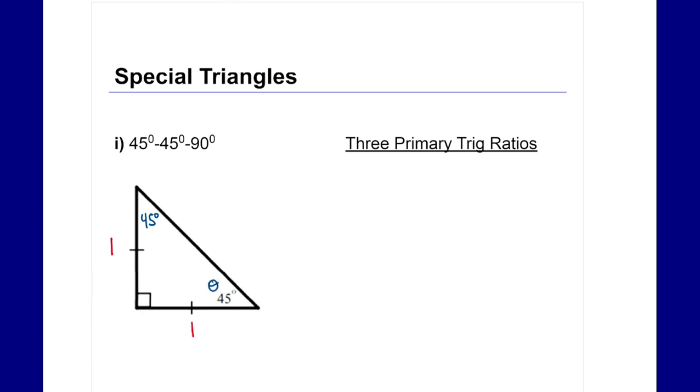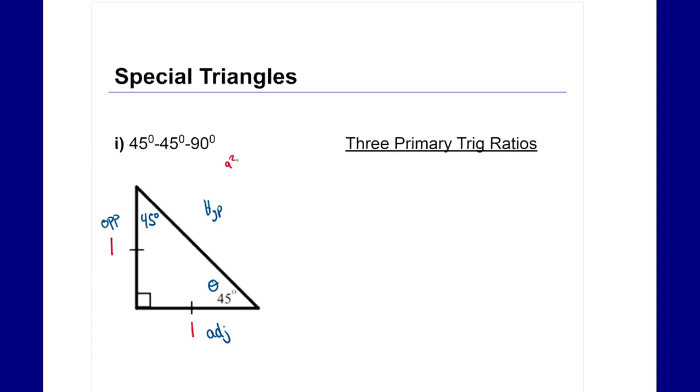So if that's theta, then this is the opposite and the adjacent. This is the hypotenuse, but I don't have a side for it yet. I'm missing a side. However, because it is a right angle triangle, I can use the sum of squares, or you might know it as the Pythagorean theorem.